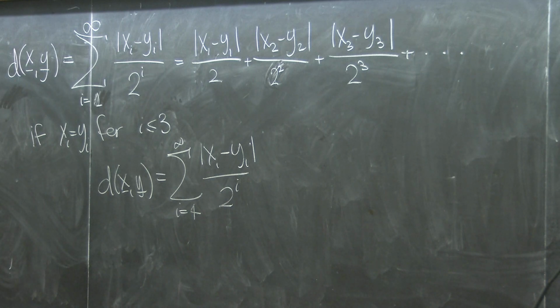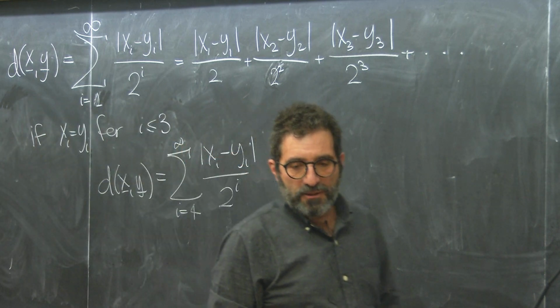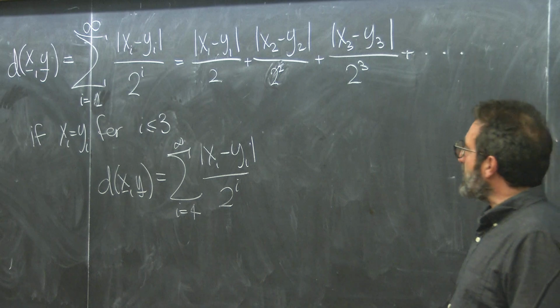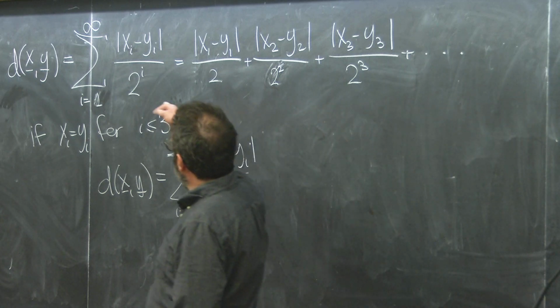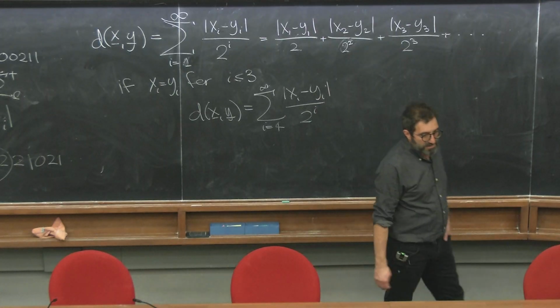Why can't we divide by L instead? We can. It would be as if it's the interval 0, 1 written in base L. Yes, this is a very good question, Yunus. In fact, one of the exercises is to show that we can divide in base L if we want. It gives the same topology.